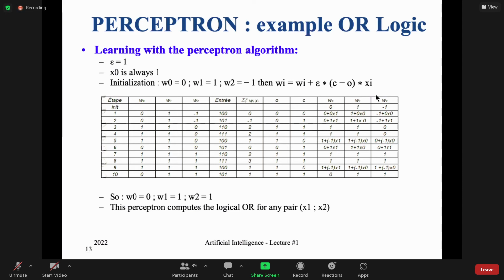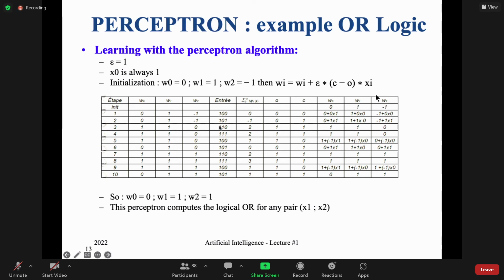Normally, it has to be random. So here it's random. The value that I put here is 0 for the first coefficient, 1 for the second, and -1 for the third coefficient. Okay, so we begin with this one. That is the initialization step: 0, 1, and -1.